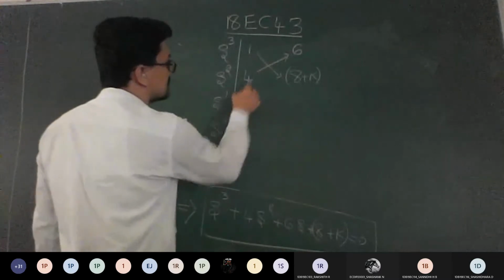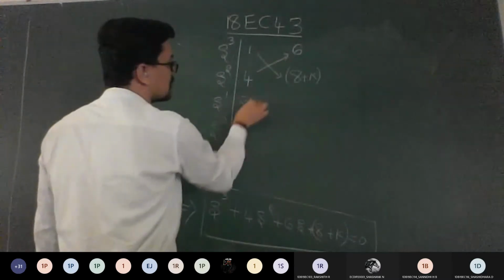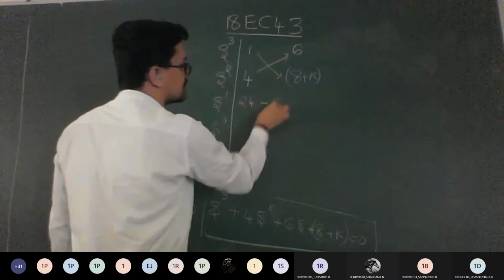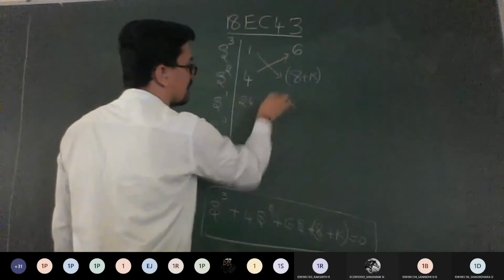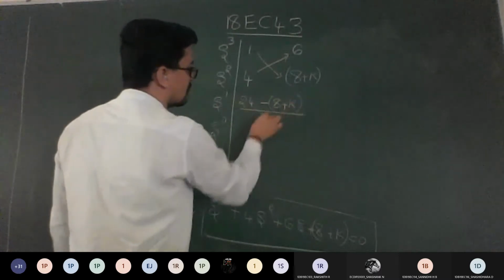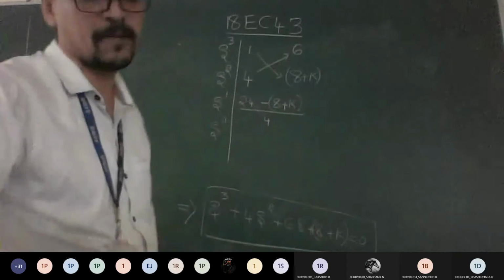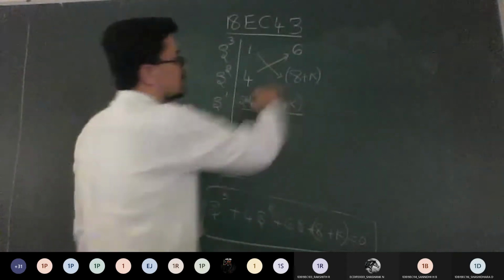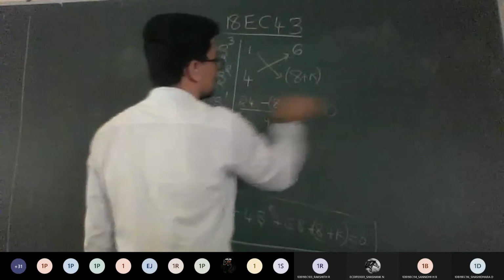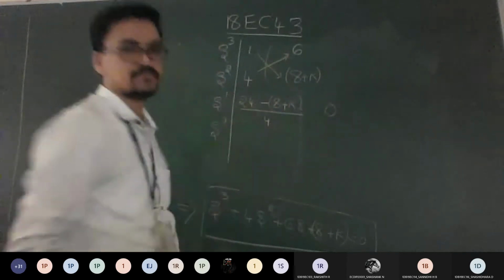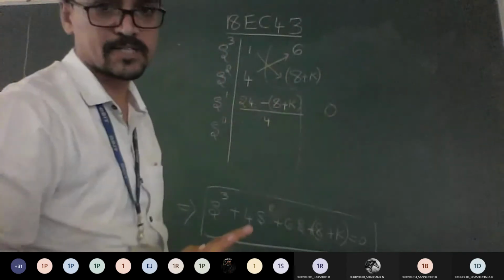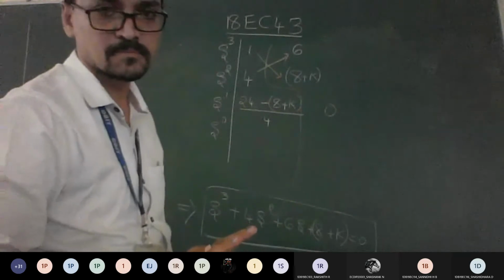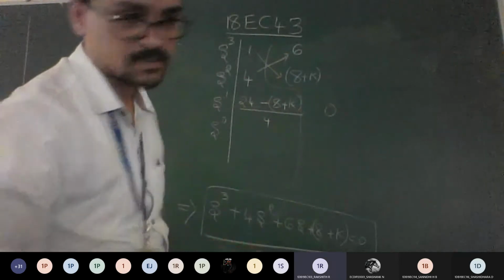So write it as it is: 6 fours are 24, minus 8 minus k, in the bracket, divided by 4. Is it okay? Then afterwards there is no answer because everything is going to be 0 only. So this answer I wrote here. Is it done till here? Shall I proceed? Yes, sir, let's proceed.